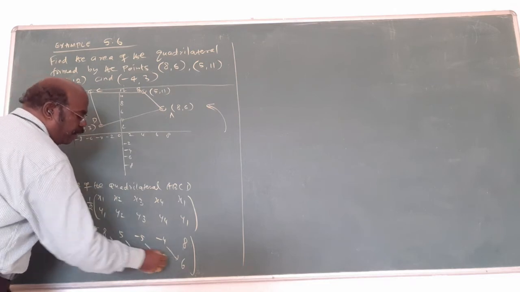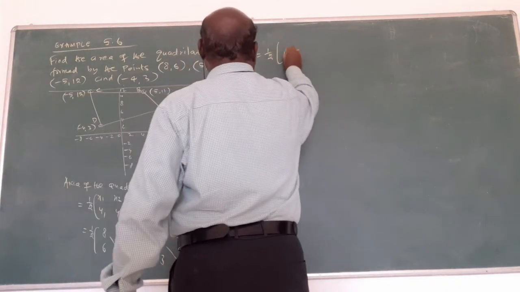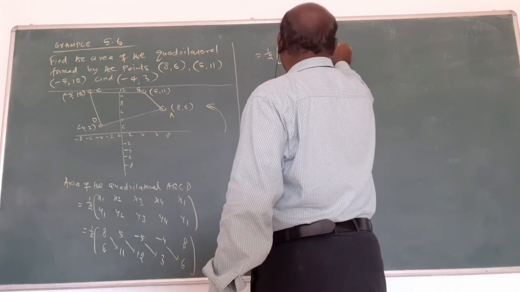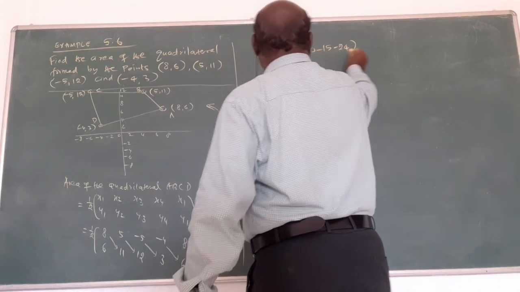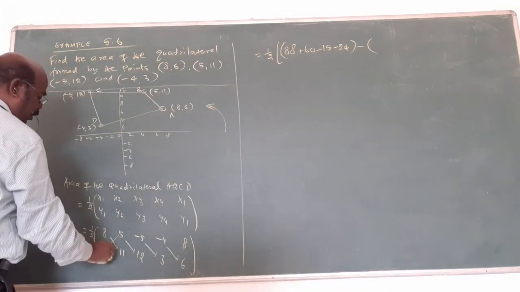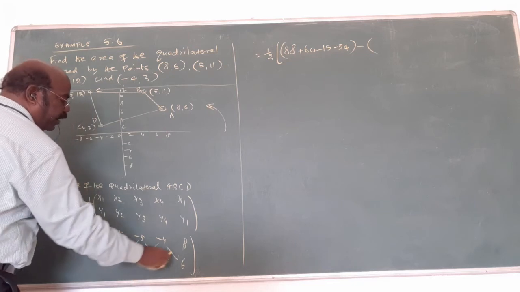Minus 15, minus 15. Okay? Half into 88 plus 60, minus 15, minus 54, minus, again, 30, minus 55, minus 48, 24.